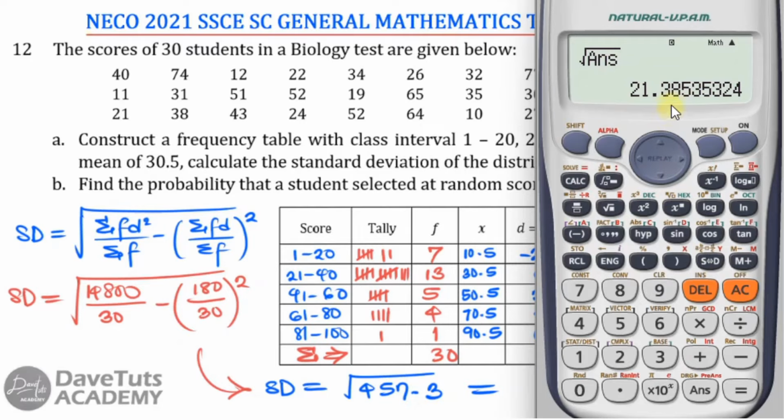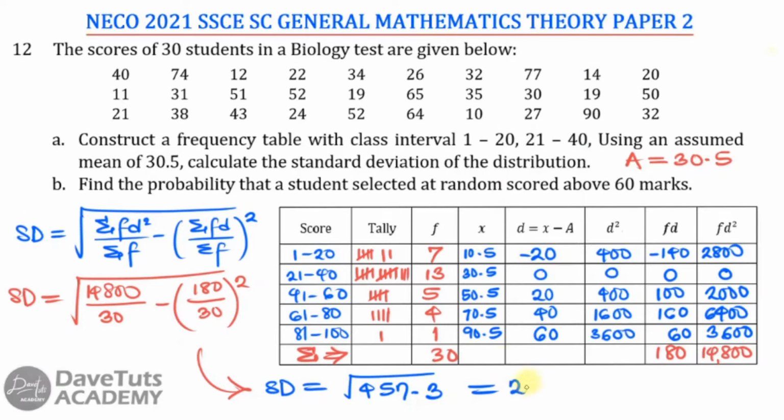I can just approximate it to 21.39. So this is 21.3853, which is approximately equal to 21.39. So this is the standard deviation for this particular data set as required.